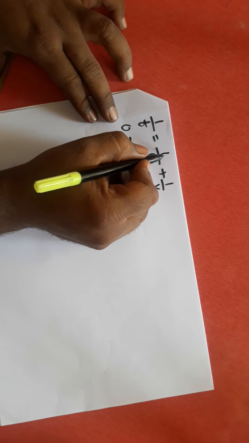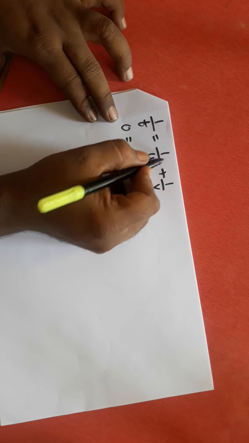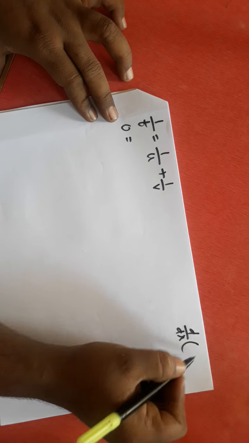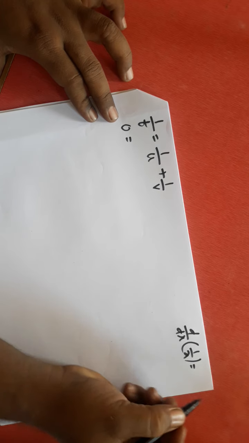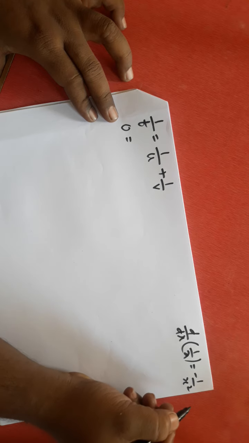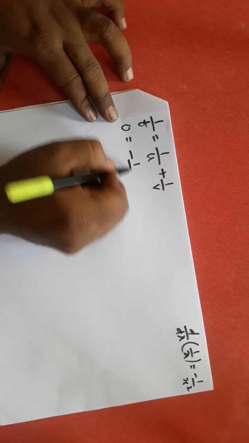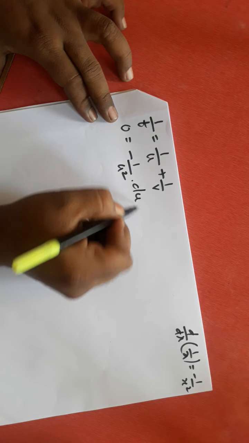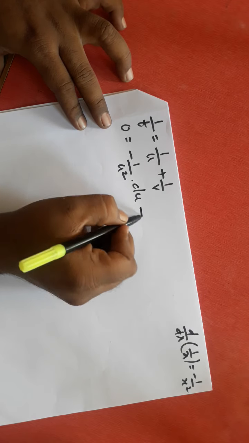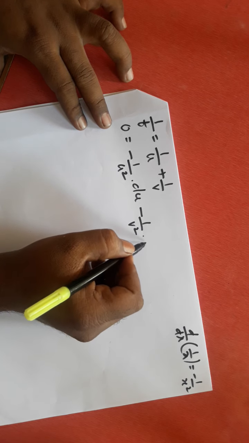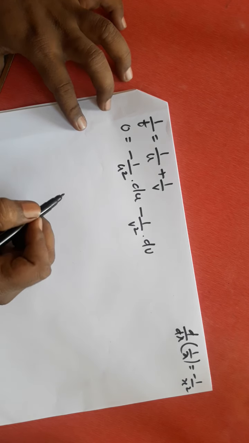Then if you differentiate 1 by u, since the differentiation of 1 by x is minus 1 by x square, this is minus 1 by u square, and the differentiation of u is du. Here it is minus 1 by v square, and the differentiation of v is dv.